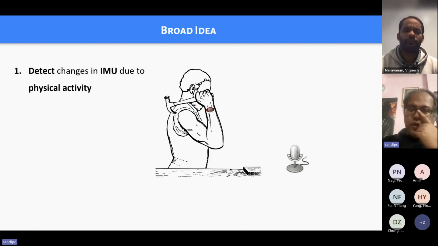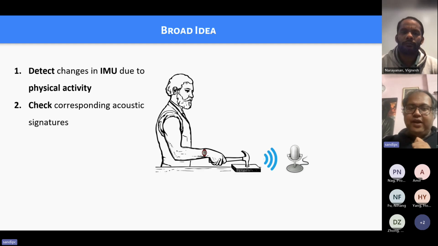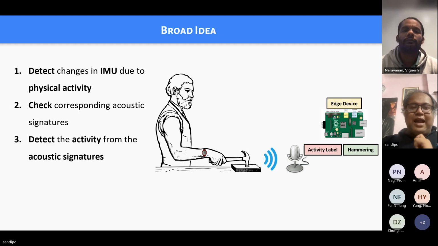For that, from the IMU data or the accelerometer data that we are capturing from the wearable, we detect the change points of those physical activities. Then we check the corresponding acoustic signature, and from the acoustic signature, we detect the activity.